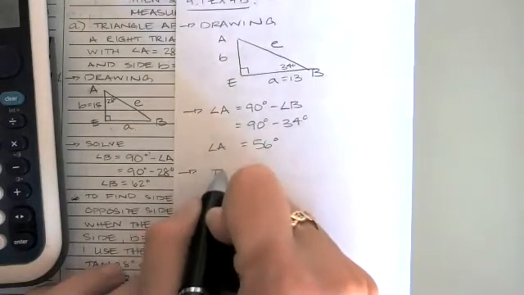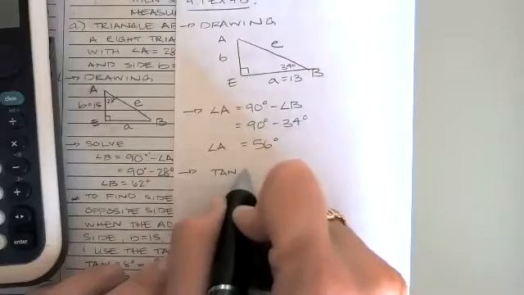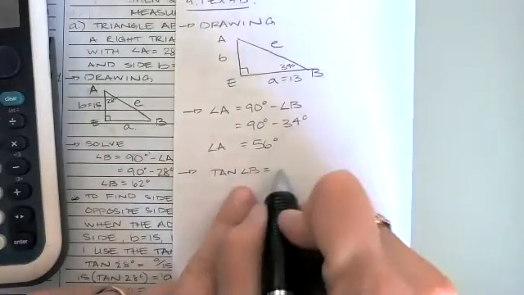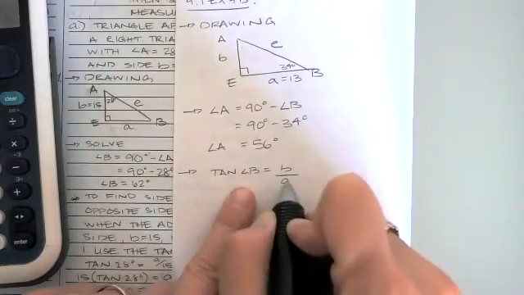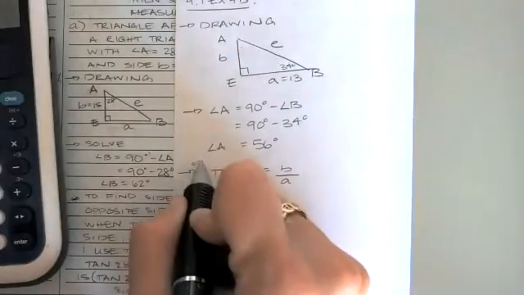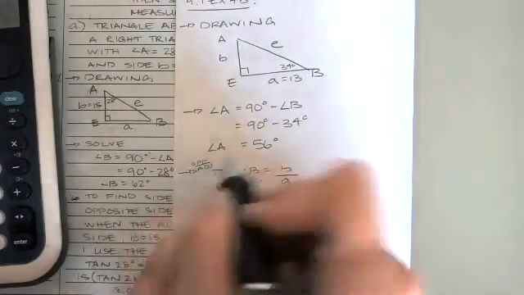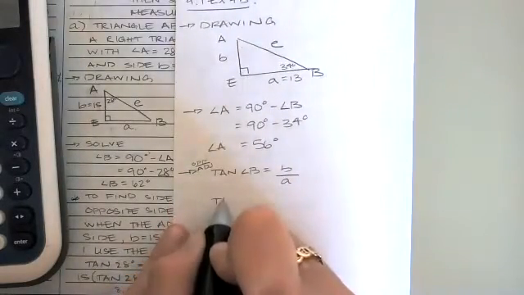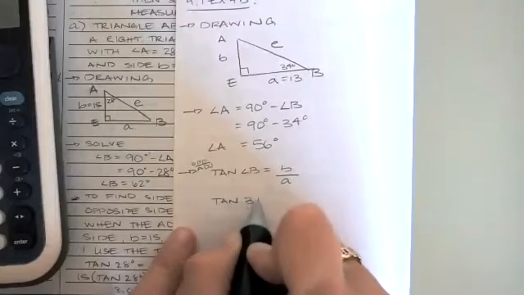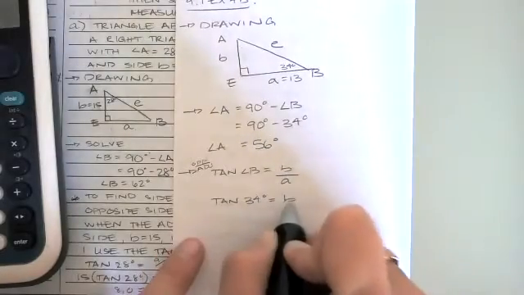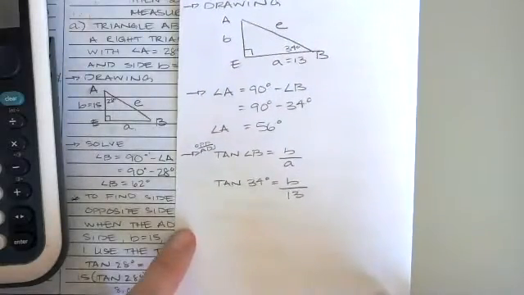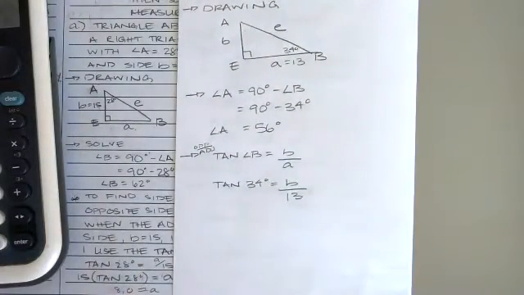So let's take the tangent of angle B and set that equal to the opposite over the adjacent side, right? That's the TOA from geometry. So that's the tangent of 34 degrees equals B, which is what we're looking for, over 13. Does that part make sense?